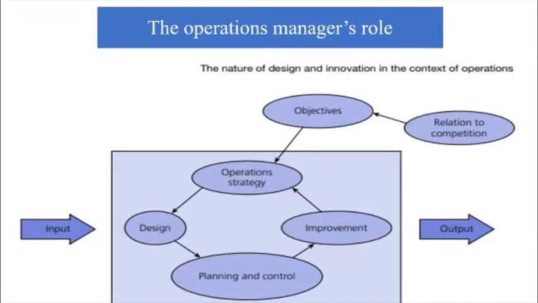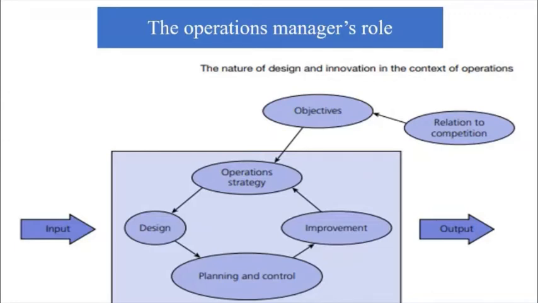The operation management role has objectives. Objectives have two parts also. The first part is the operation strategy. The operation strategy also has branches: the improvement and the design. And at the bottom of this is planning and control.